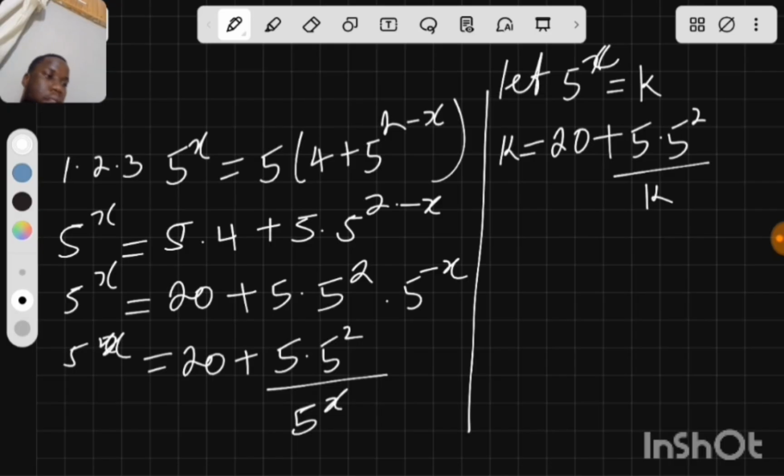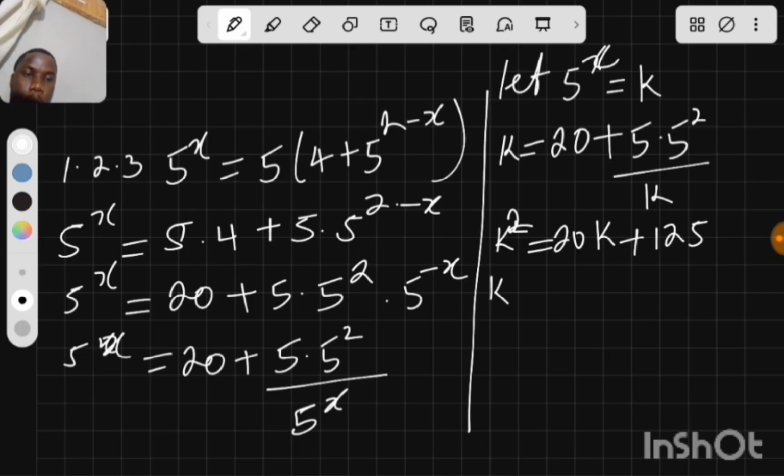k times k gives k squared. We're going to have k squared equal to 20k plus 5 times 5 to the power 2, which is 125. So we have k squared minus 20k minus 125 equal to 0.